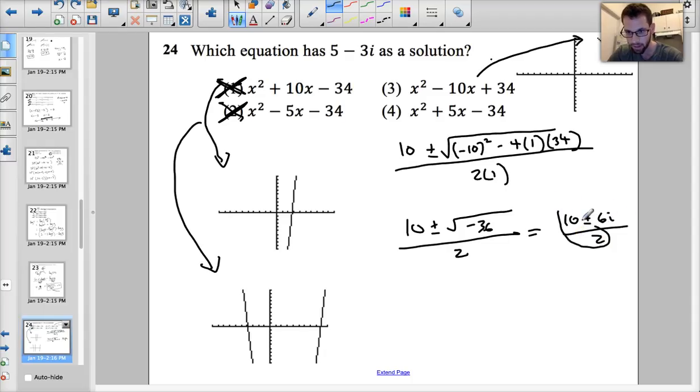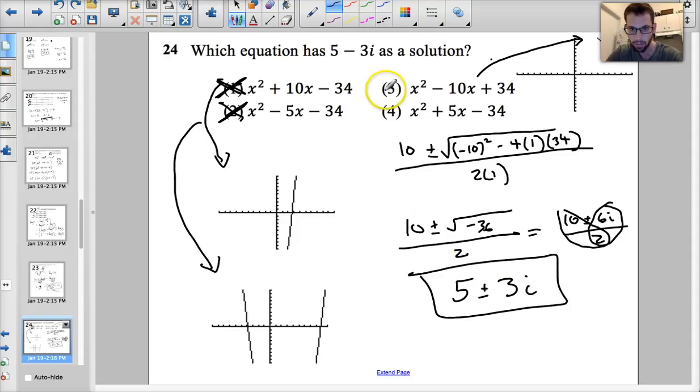And when I divide, I will get 10 divided by 2, which is 5 plus or minus 3i for answer choice number 3, which means that it is our correct answer.